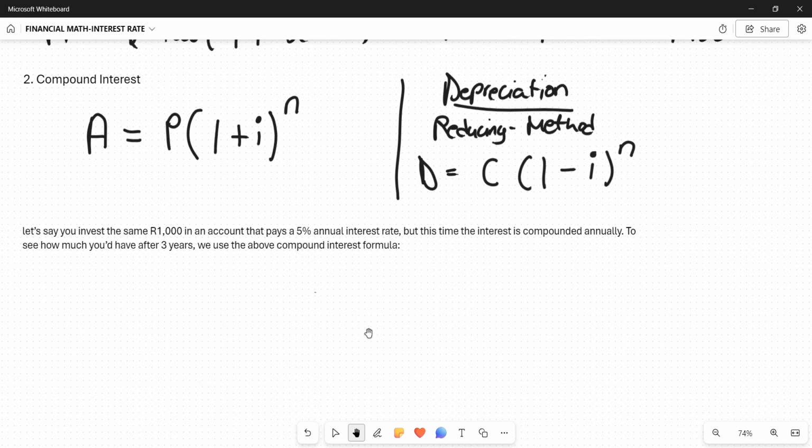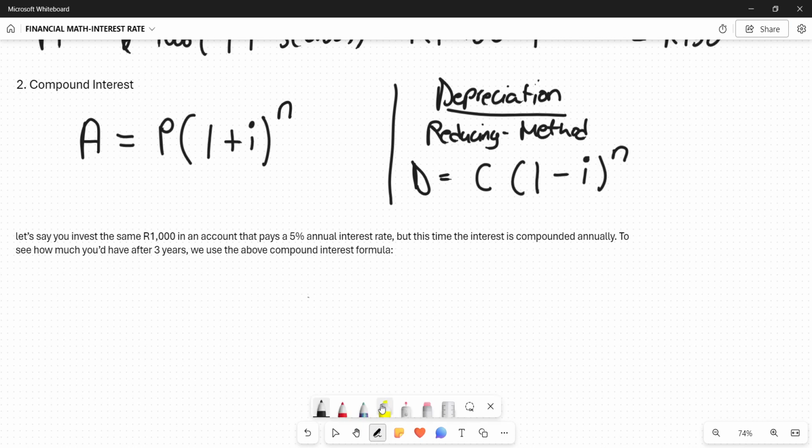We are using the same amount and also the same rate, but this one is compounded annually, not simple interest. So now we are depositing 1000 rands into an account that pays 5% compounded annually for 3 years. In order to calculate the accumulated amount after 3 years, we say A equals P(1 + i)^n.